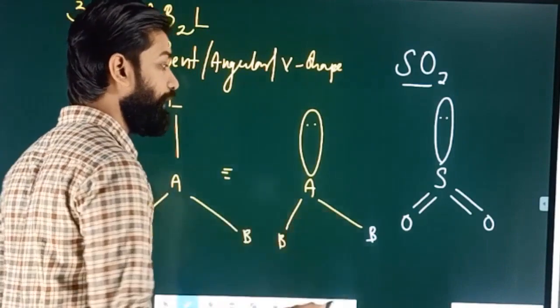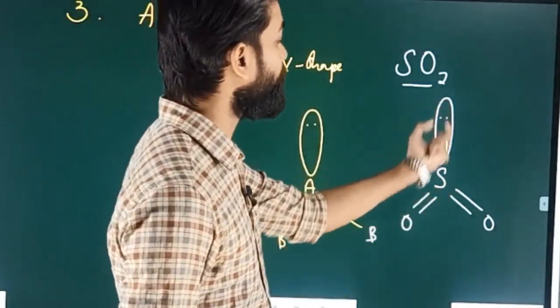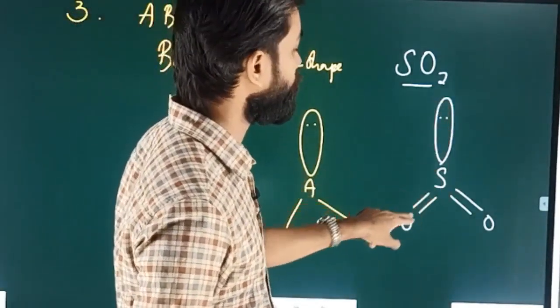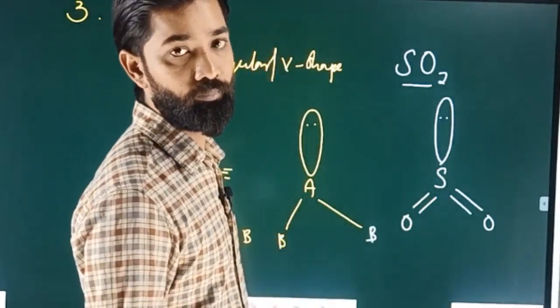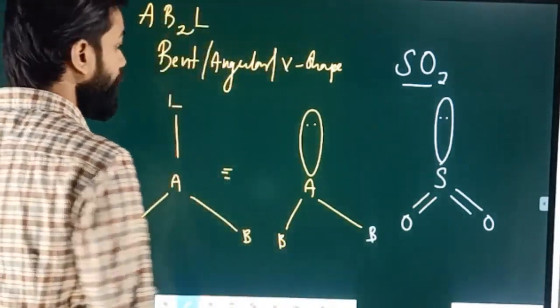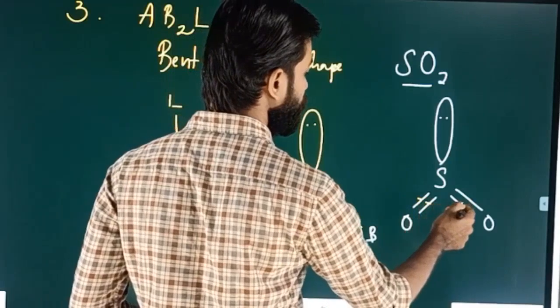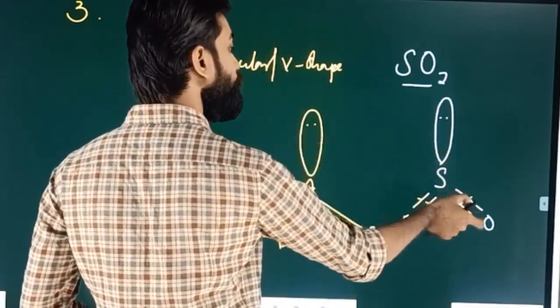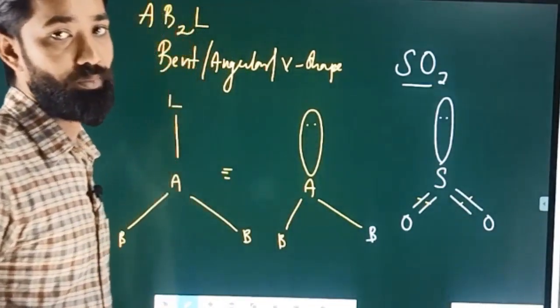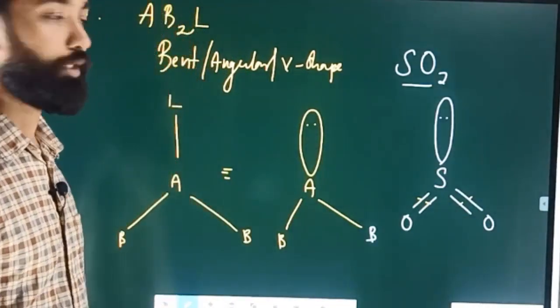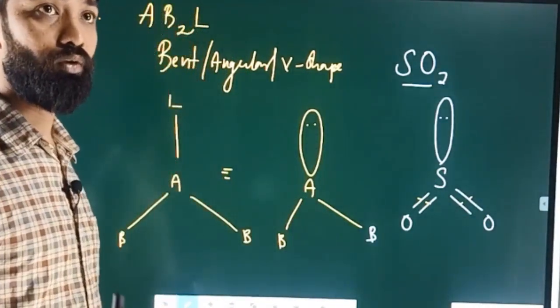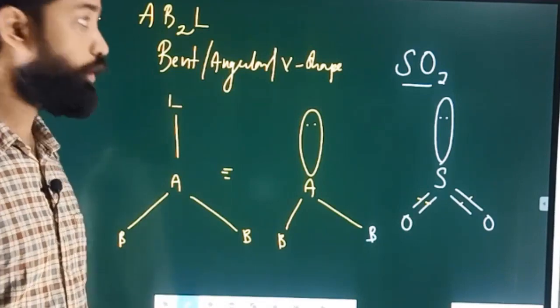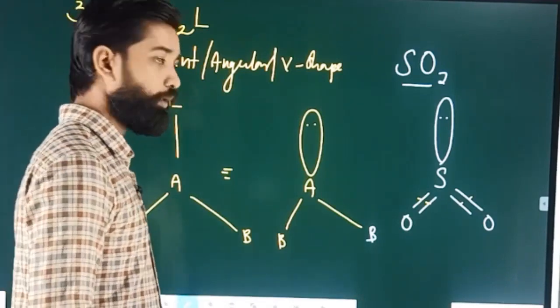Here there are two bond pairs and a lone pair, but each bond pair is a double bond. Two bond pairs here actually means four bond pairs, 1, 2, 3, 4, between two atoms. This double bond is treated as a single bond in VSEPR theory. That is a limitation of VSEPR theory. So you have to know whether the bonds are double or single, and only then can you predict the structure.